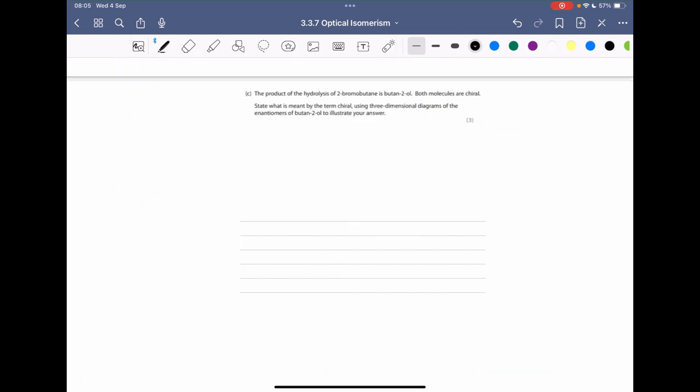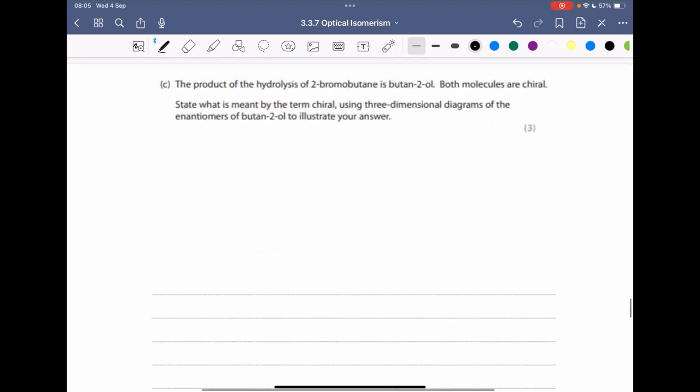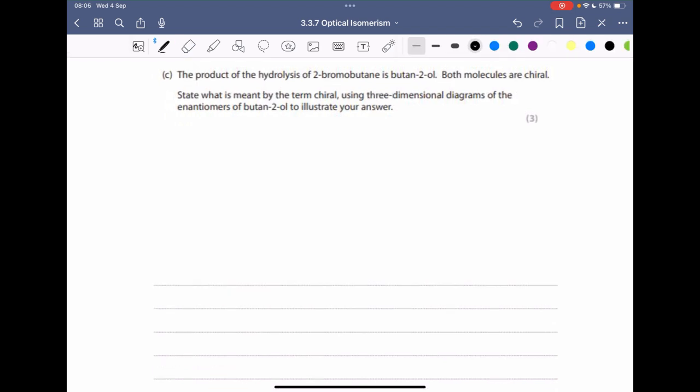Okay, time for an exam question. The product of hydrolysis of 2-bromobutane is butanol. Both molecules are chiral. State what is meant by the term chiral using 3-dimensional diagrams of the enantiomers of butanol. Illustrate your answer. So what I'm going to do first is draw the tetrahedral structure of one of the enantiomers, okay?